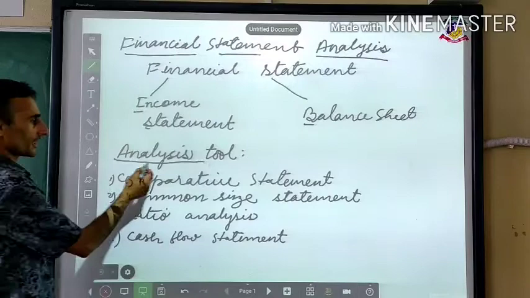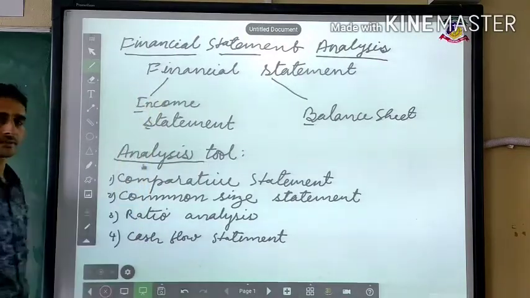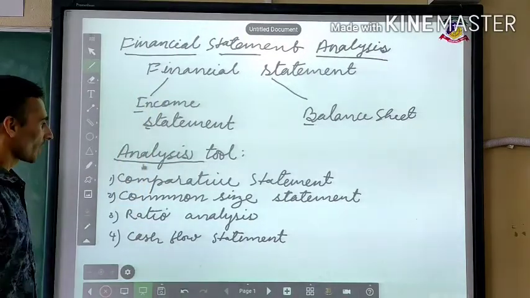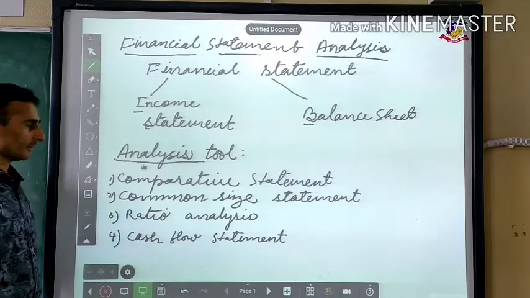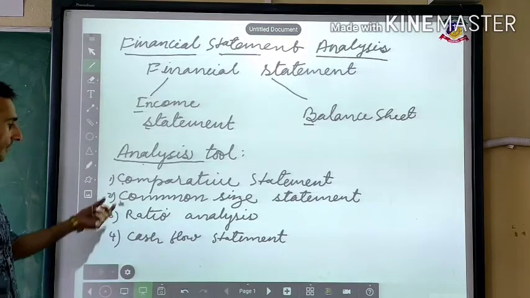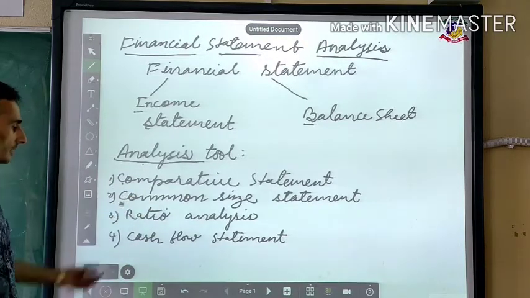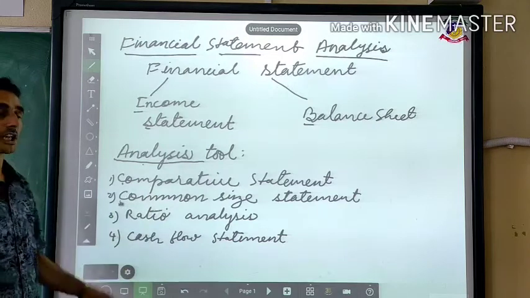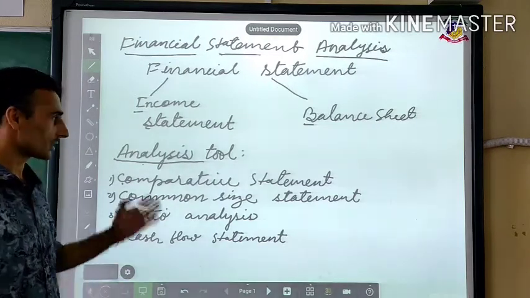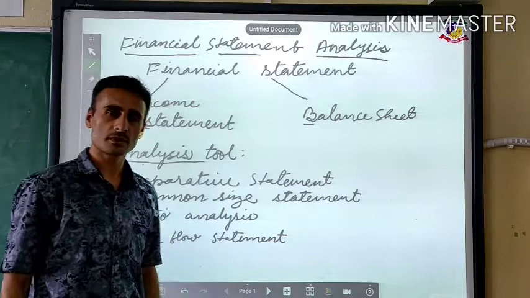They employ financial tools to analyze the financial statement, right? And these are the different tools we have: comparative statement, common size statement, ratio analysis, and cash flow statement. These are the four different analysis tools.